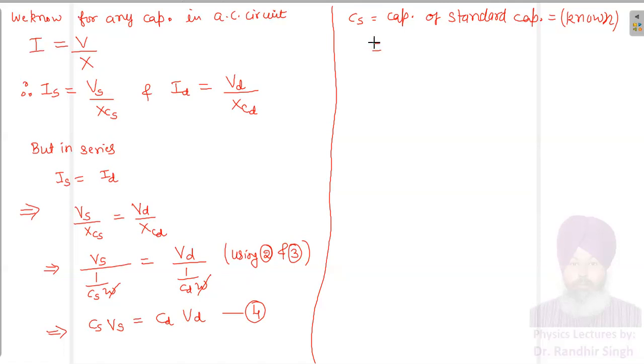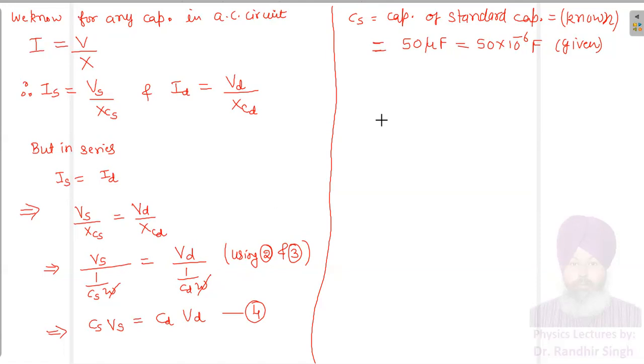I will show you in the next part of this lecture that the capacity of the standard capacitor is 50 microfarad. So please remember this. It will be given by 50 into 10 raised to power minus 6 farad. This is a given value. Please remember.